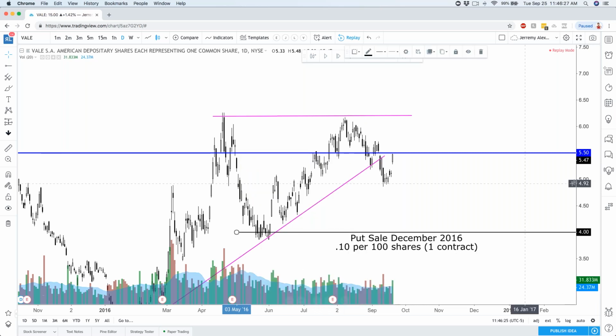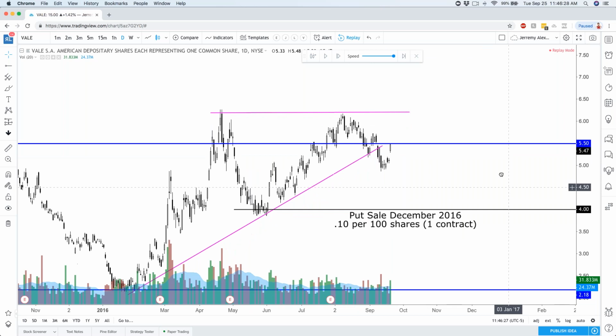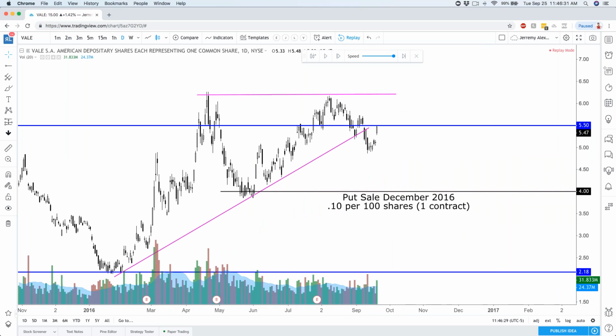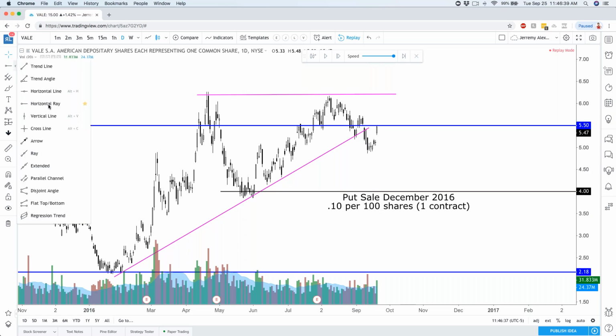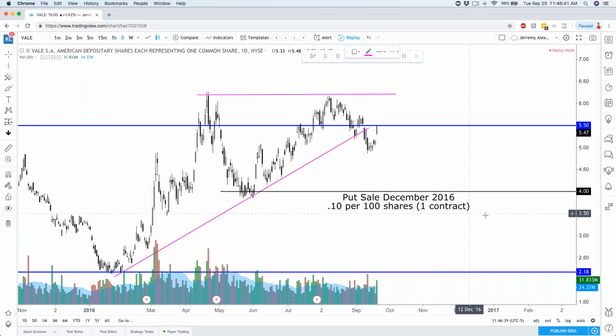Now, the way a put sale works is I sell this put down here, and as long as VALE stays above $4 between now and the third Friday in December 2016, which is this day right here, this pink line, then I'm going to win on this particular trade.